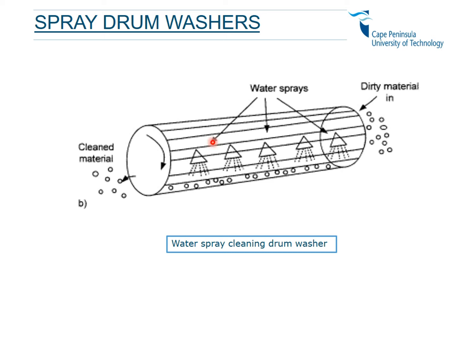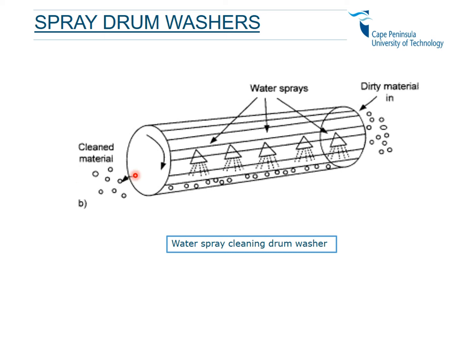These water jets are located inside, and then the drum rotates. Here you've got the dirty material coming in, and these are your spray jets. As the drum rotates, because it is inclined, the material goes out here, and here you've got the material that is clean at the end of the day.